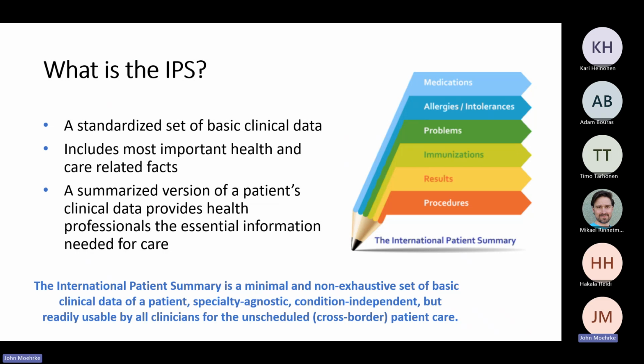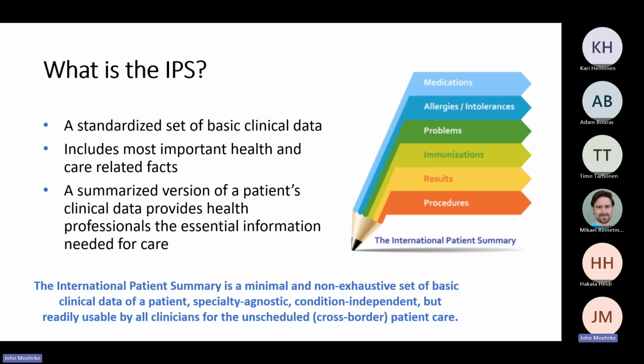So it is a summarization of the patient's clinical data. And in being a summary, it might not have the depth. It won't have everything, except if the patient really doesn't have much data, but it's a summarization. So it may only go back a certain number of years for some data. Other data, it may be completely comprehensive, like allergies. There wouldn't be a cutoff on those kinds of things.